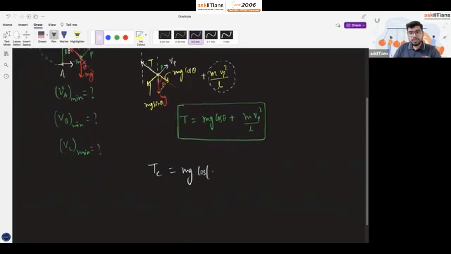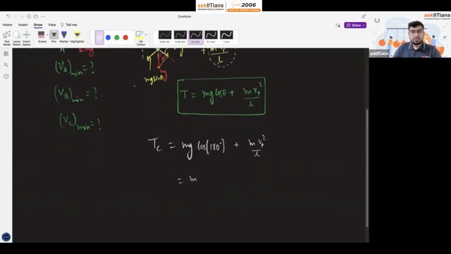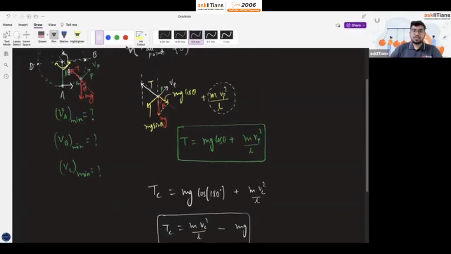So theta would be 180, plus m vC square by L. It should be vC square by L, because we are talking about the speed at location C. Okay, so it's m vC square by L minus mg, since cos 180 is minus 1. So this is the tension, and this is the minimum tension possible all over the circle.